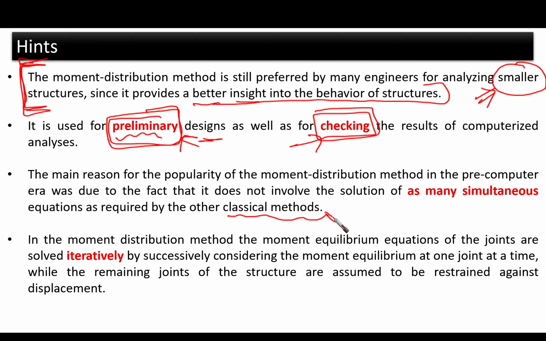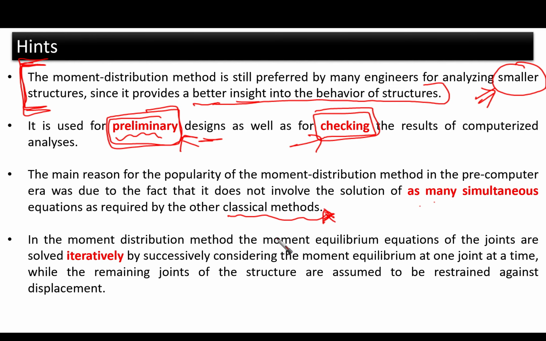But for this one, you're going to find that it is an iterative method. You're not going to encounter the solution of equations. Okay, it is based on an iterative nature.